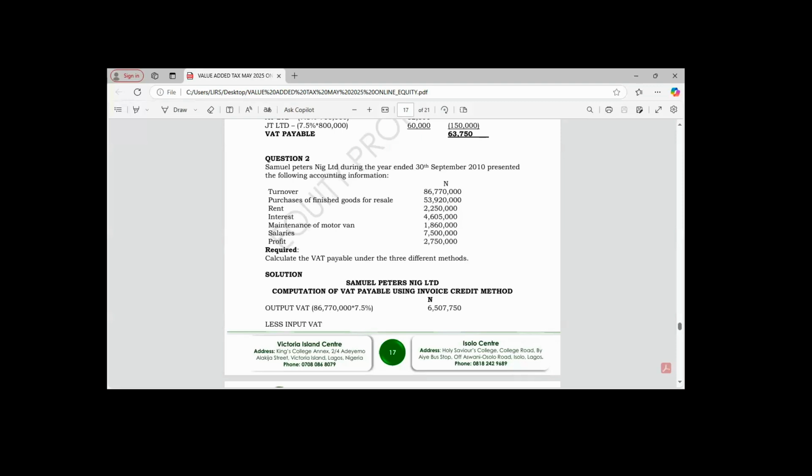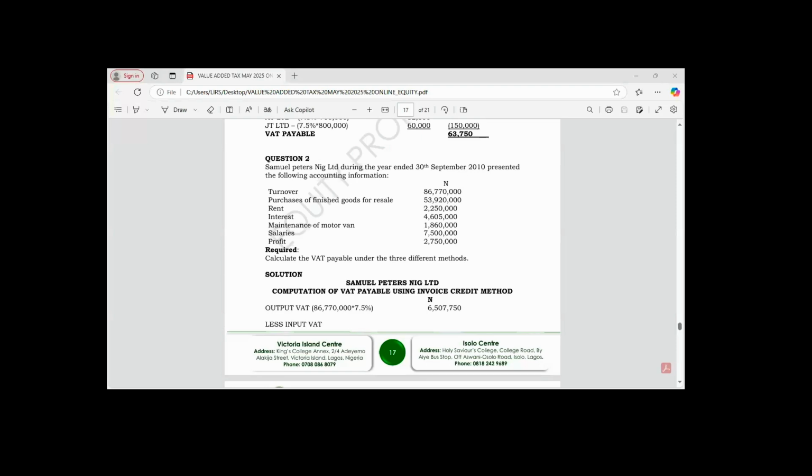I want somebody to remind us of the 3 methods that we can use to calculate value-added tax. So that means we don't go through our notes.